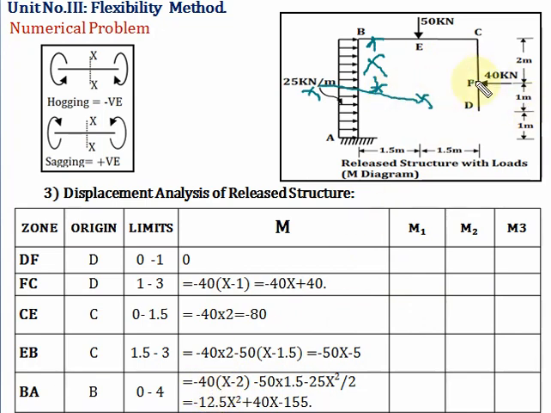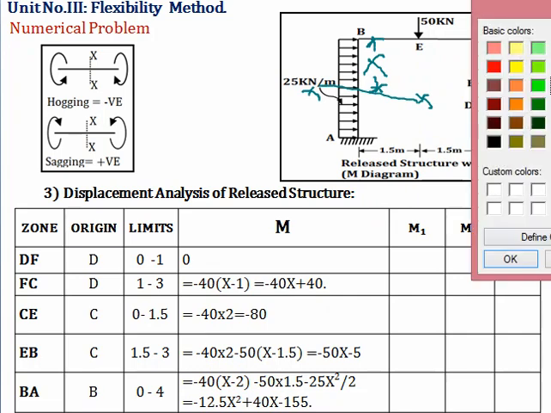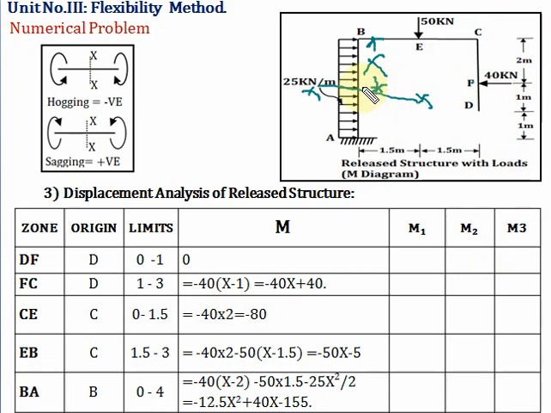Now instead of this 40 acting here, according to the principle of transmissibility, if you add this force here, it will act here. So what will the nature of bending moment be? Yes, the nature of bending moment here is hogging.